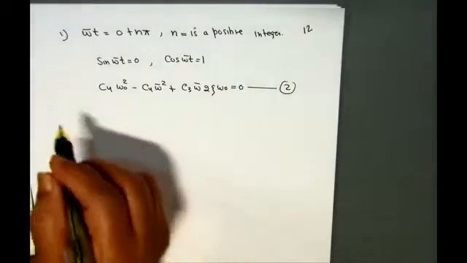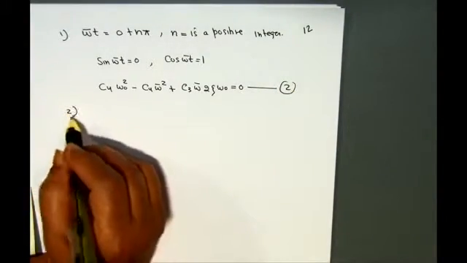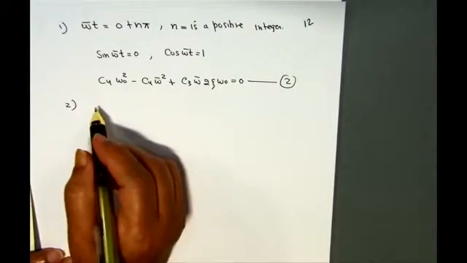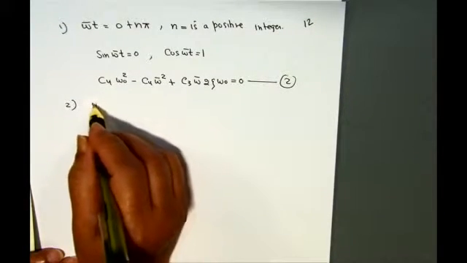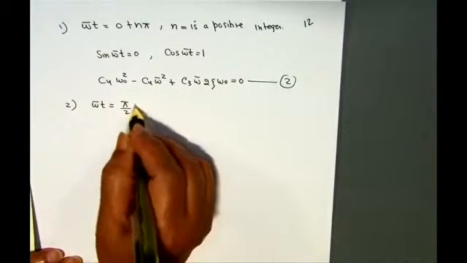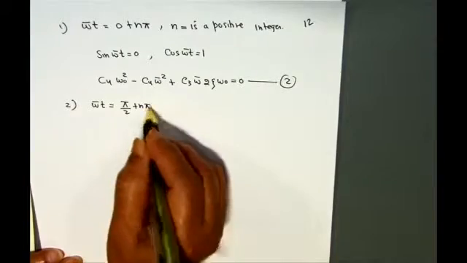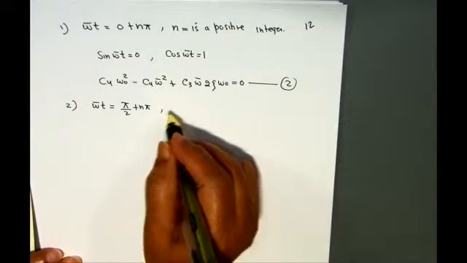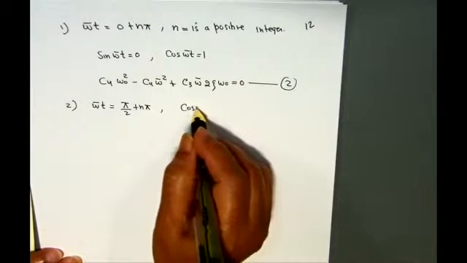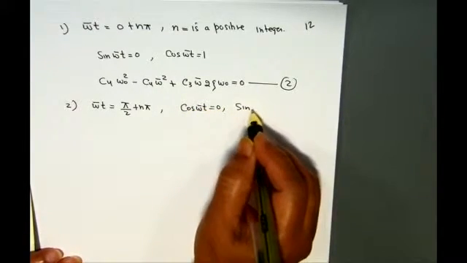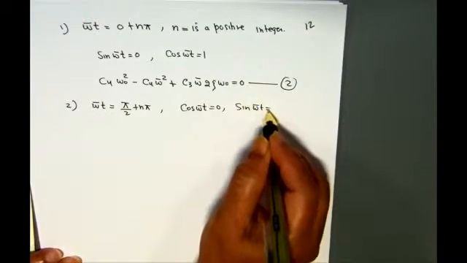Okay. And now we are going to look at the second case, where omega bar t is equal to pi by 2 plus n pi, and for that case we know that cosine omega bar t will be 0 and sine omega bar t will be 1.